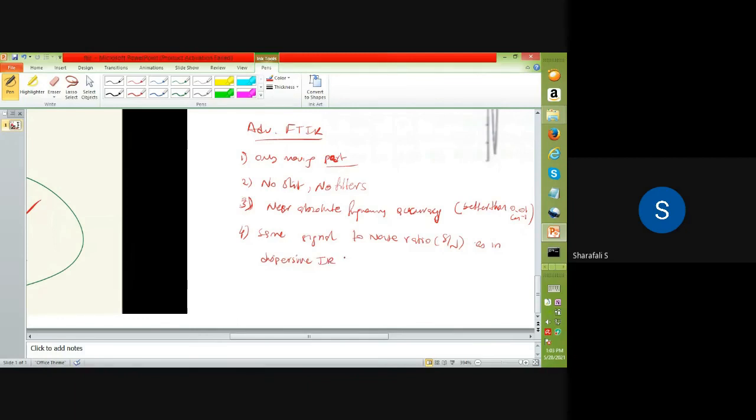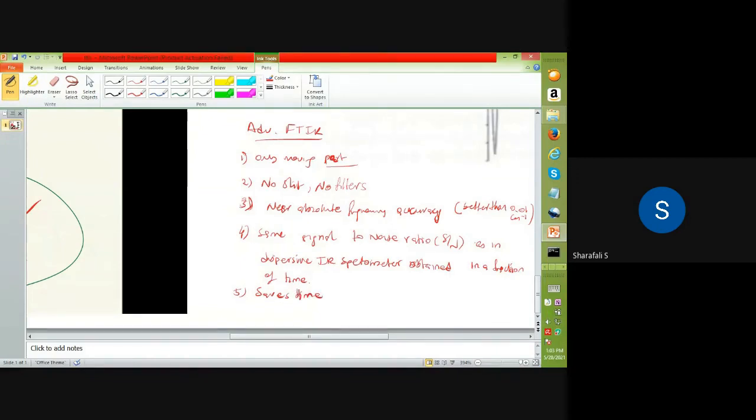In a dispersive IR spectrometer, whatever I am saying about the conventional IR spectrometer, which is nothing but the dispersive IR spectrometer, because we are dispersing all those radiations. The spectrum is obtained within a fraction of time, so that will be obtained very quickly in this case, and this saves time.